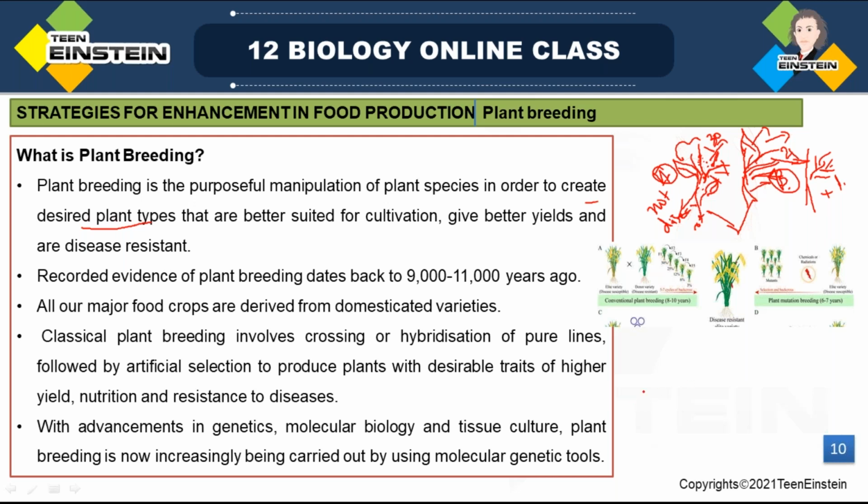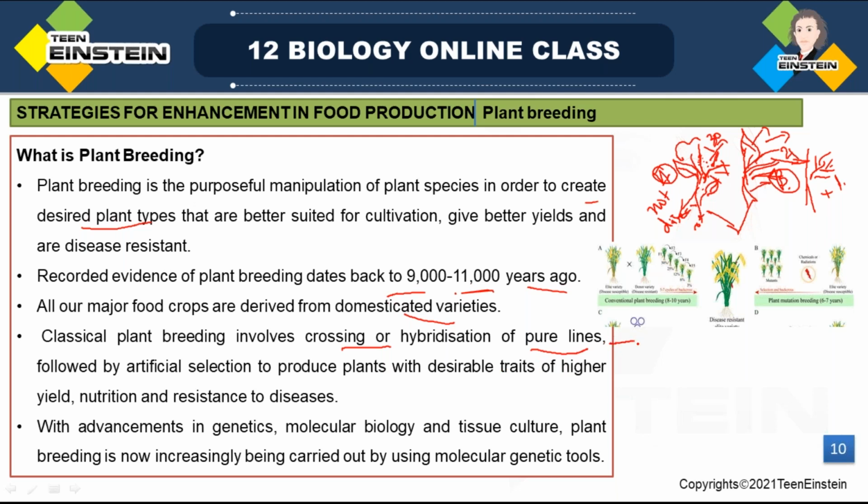The recorded evidence of plant breeding dates back 9,000 to 11,000 years ago. Mainly all the major crops are derived from domesticated varieties. Then classical plant breeding involves crossing or hybridization of pure lines.